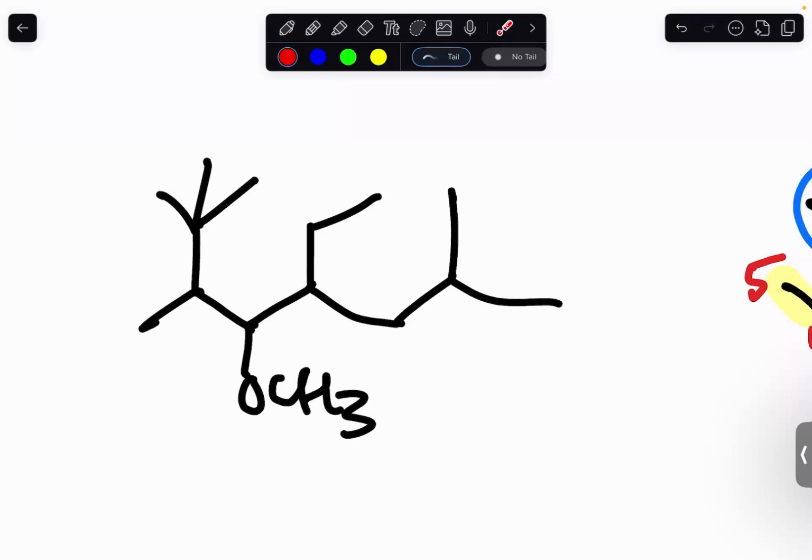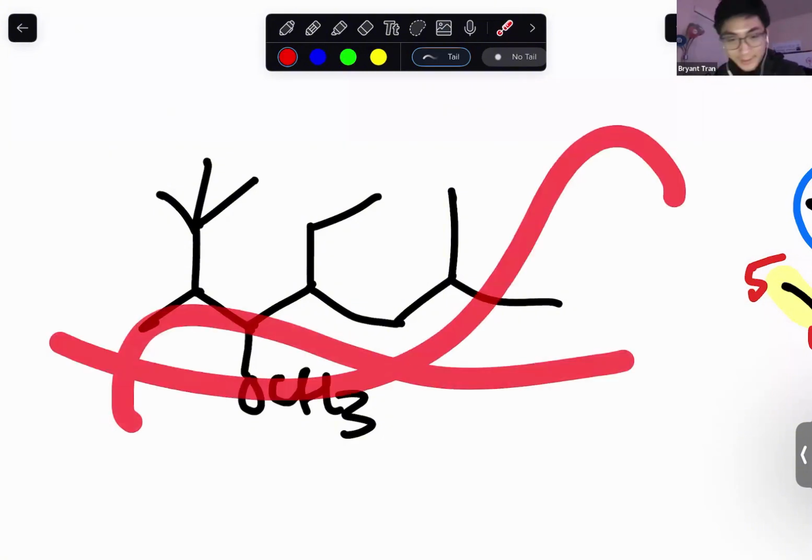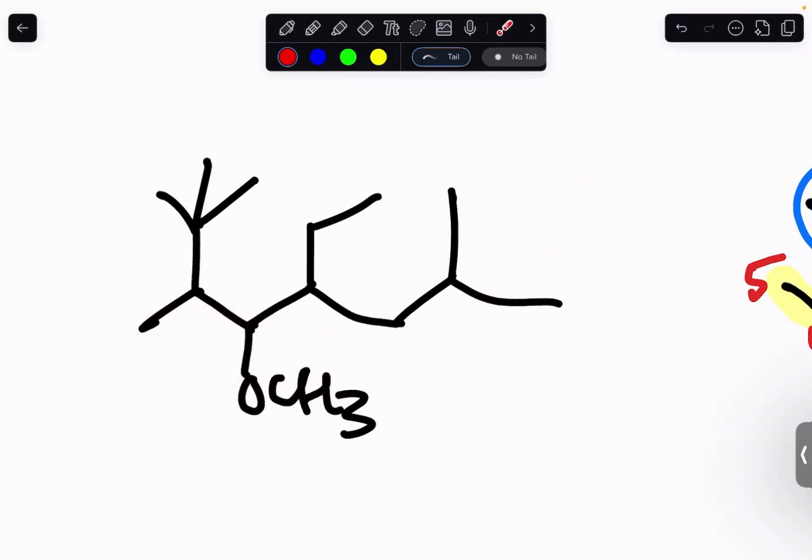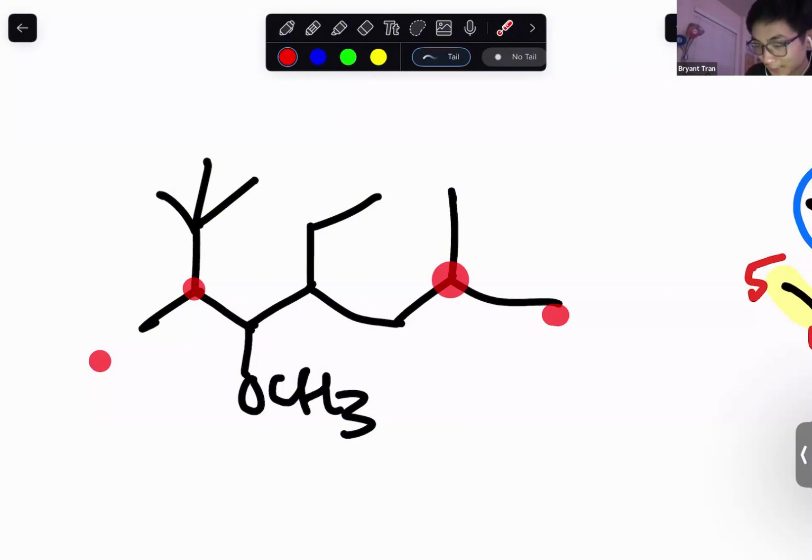So that's a heptane. And how did you number it? Left to right like this or right to left? Well, both of them have a substituent on number 1. And then what about the second substituent? Where would the second substituent go? Like what's the way where the second substituent is on the lower number?